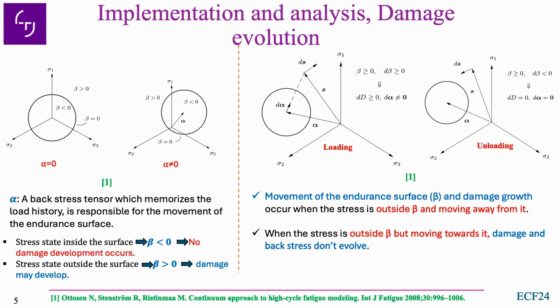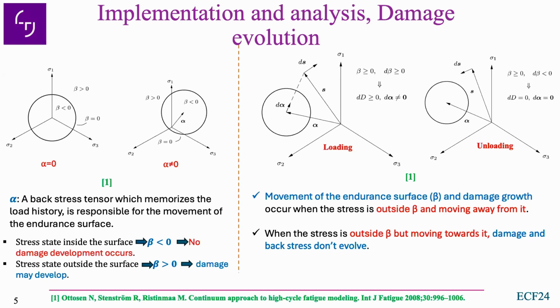As you can see, this surface is related to the loading case and unloading case. Movement of the endurance surface and damage growth occur when the stress is outside the surface, or beta is bigger than 0, beta is positive, and moving away from it. It means that d beta is bigger than 0. So if we have this condition, beta and d beta both positive, damage can develop.